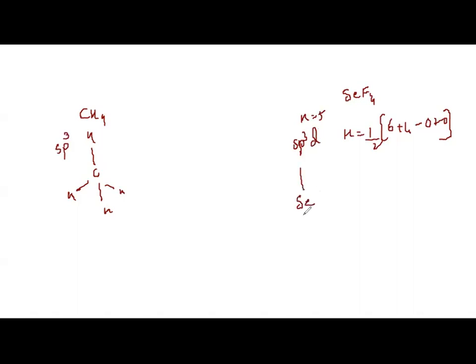There are 2 bonds with fluorine here, 2 bonds here, and one lone pair of electrons. So the geometry is seesaw shape. CH4 is tetrahedral. So both of them do not have the same geometry, so that is the wrong option.